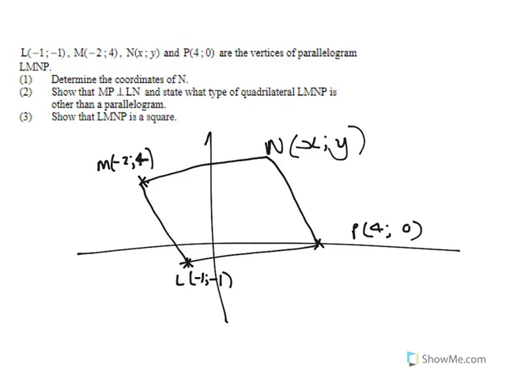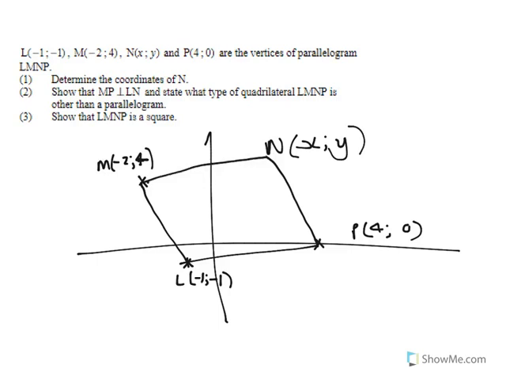Another way you could go about it is you could use the idea of parallel lines. So the gradient of this line is going to be equal to the gradient of this line. But because you have two unknowns, you'd also have to make an equation with these two gradients. So this is equal to this, and then solve simultaneously, which is also painful.